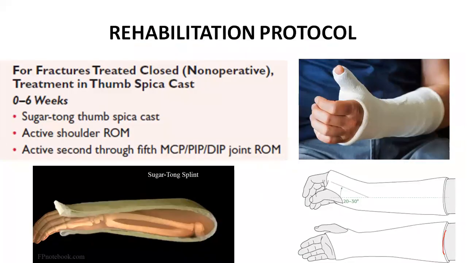The rehabilitation protocol for the scaphoid fracture, for those fractures which are treated closed, meaning non-operative management, the treatment is just a cast, known as the thumb spica cast, or we can call it the sugar tong thumb spica cast. We can use either the single sugar tong thumb spica cast or the double sugar tong thumb spica cast.